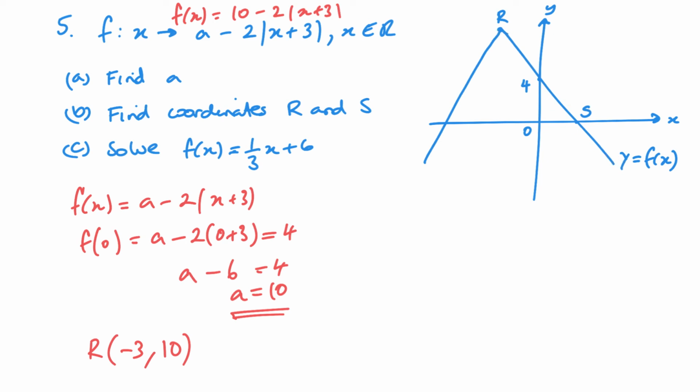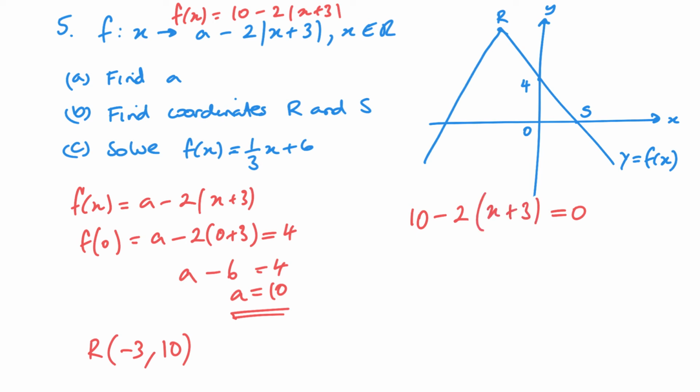So this part of the graph is a -2x. So you can see -2x is when this modulus sign does not affect my graph. So when 10 minus 2 mod x plus 3 equals 0, I get rid of the modulus signs, as I was saying, and it's the bit where they are not affecting my graph.